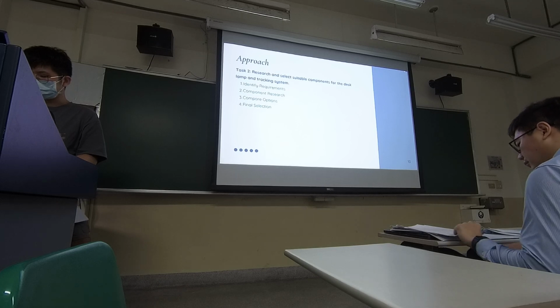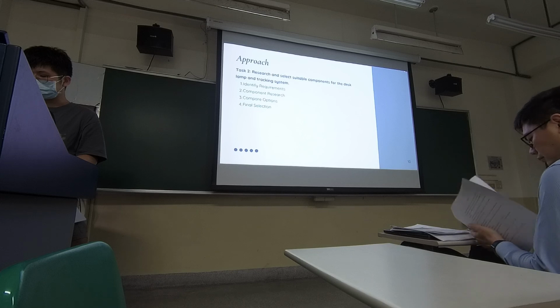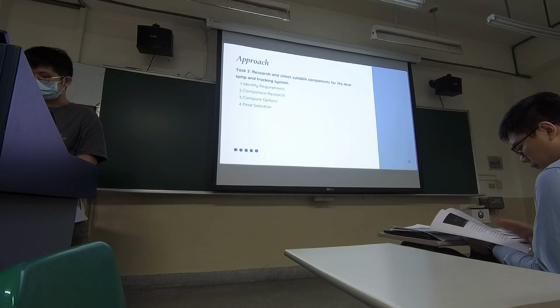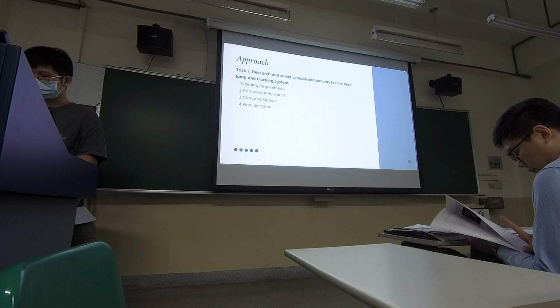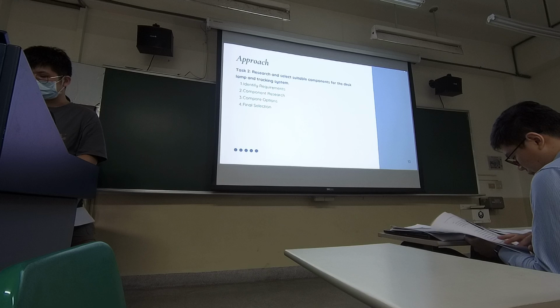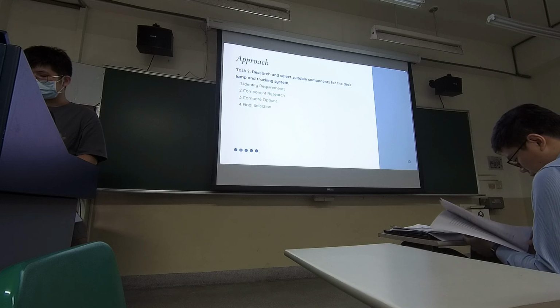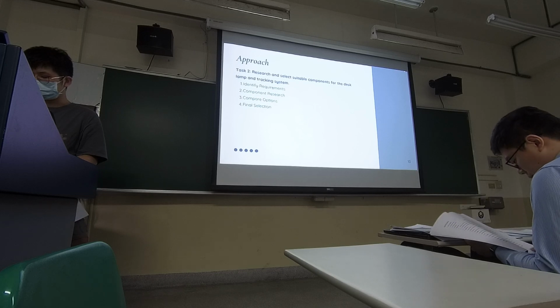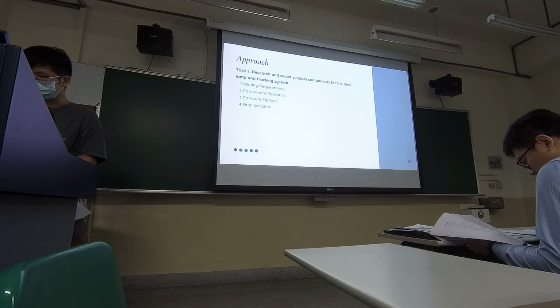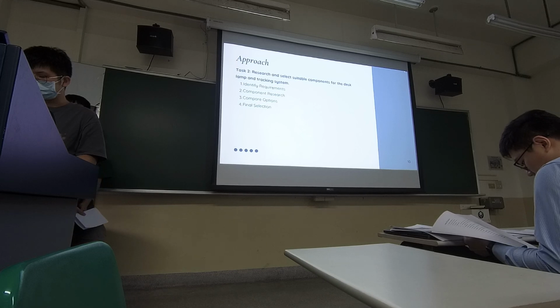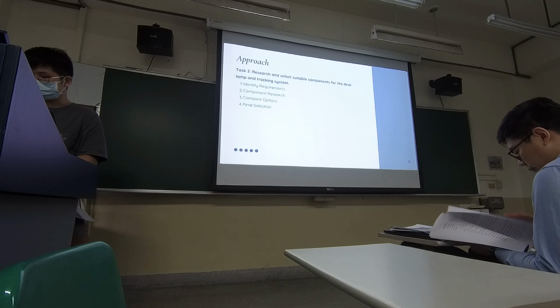Next, we will research components like LED lights, driver circuits, sensors, and camera models that meet these needs. We will compare options from various suppliers based on price, performance, and compatibility. Finally, we will select the most suitable components and list the specific modules and the suppliers for the system.